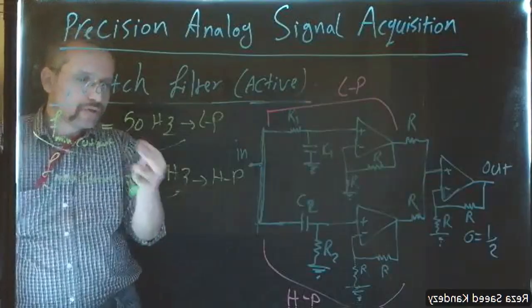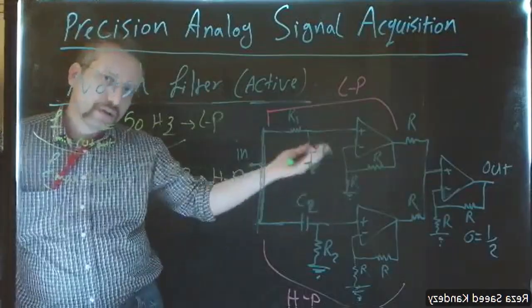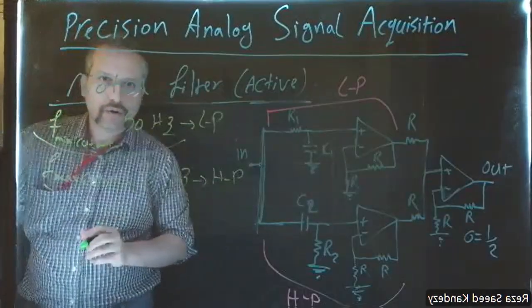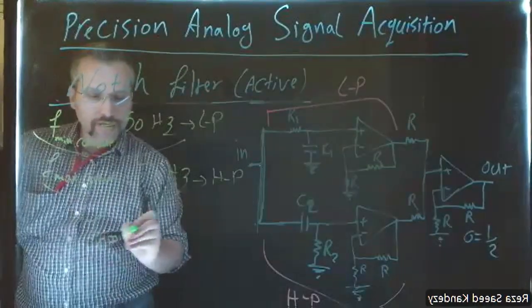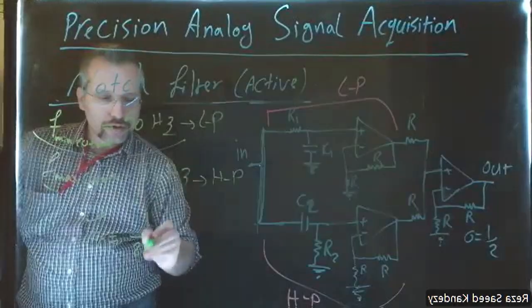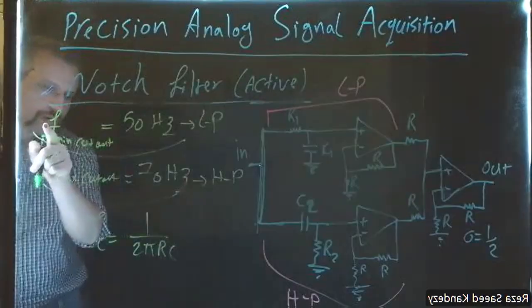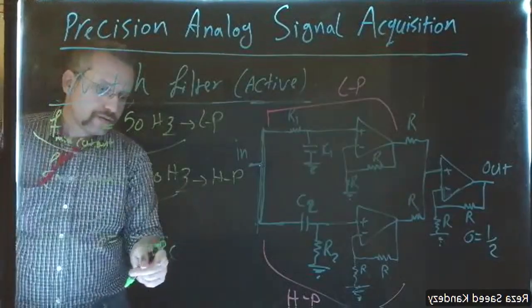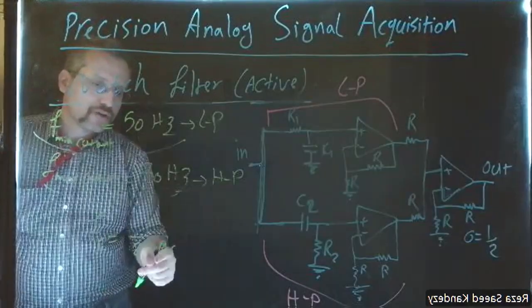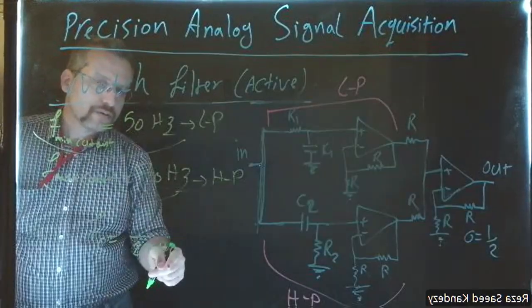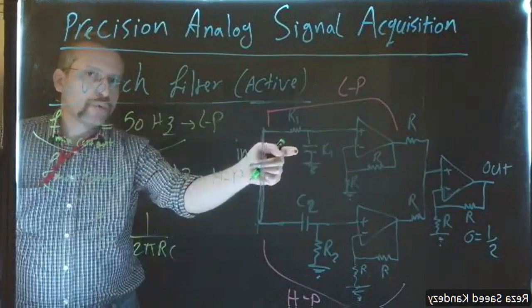Now, how can you design each of them? Again, simple, like the low pass filter that we designed, the cutoff frequency is 1 over 2 pi RC. For the first one, you have the formula. The frequency is going to be 50 hertz. You assume one value for R, and you calculate the C for the low pass filter.